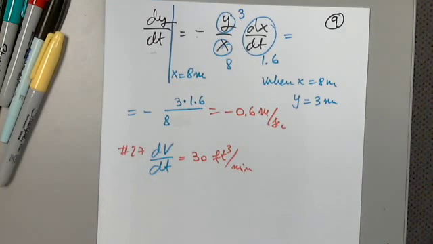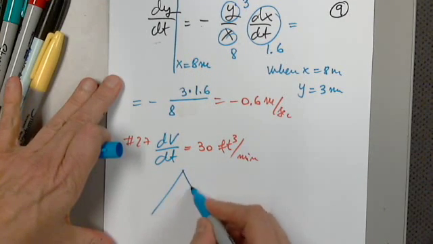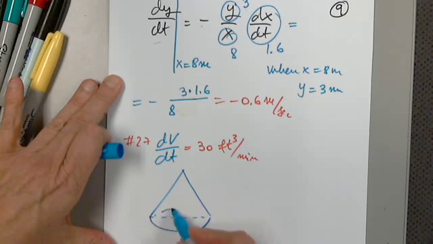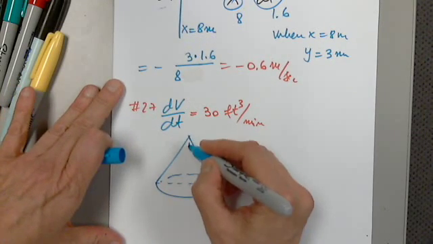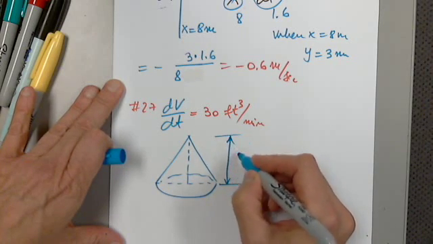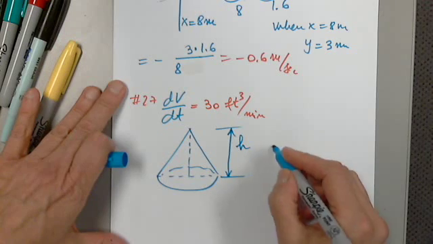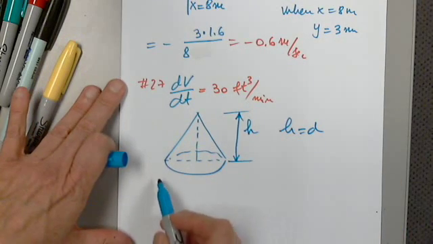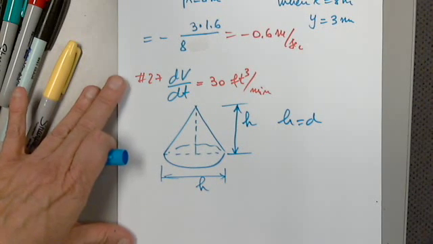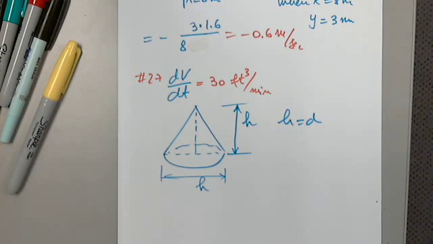So this is the cone. This is the height. Since the height and the diameter are always the same, I'm going to use the same notation. And I'm going to read the problem one more time and realize what we need to do.